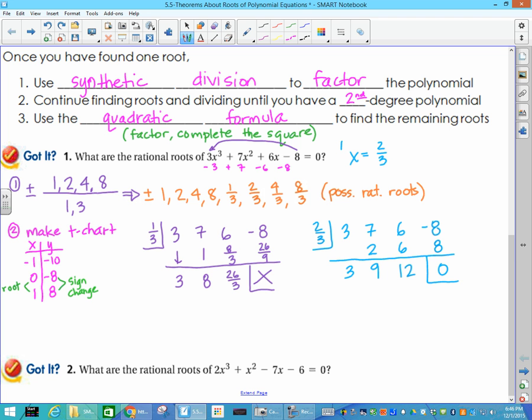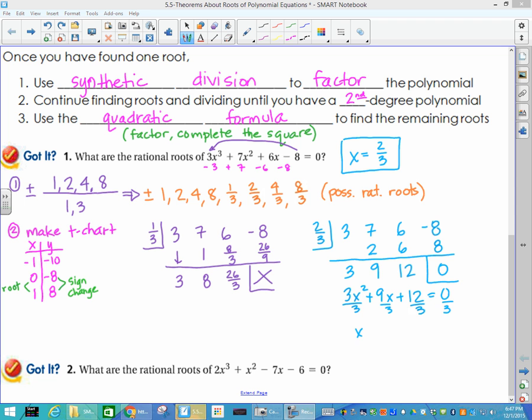This is a quadratic, but the other numbers you can actually try from here. Okay, so remember, we keep going. We might have some more rational roots. This gives us 3x squared plus 9x plus 12 equal to 0. I see a common factor of 3, so I'm going to divide everything by 3.